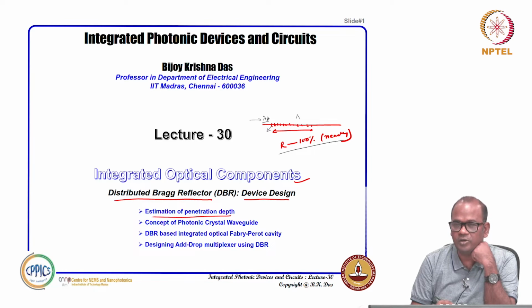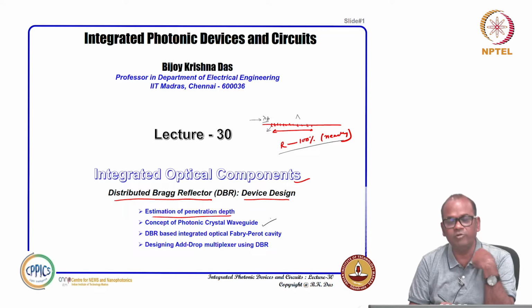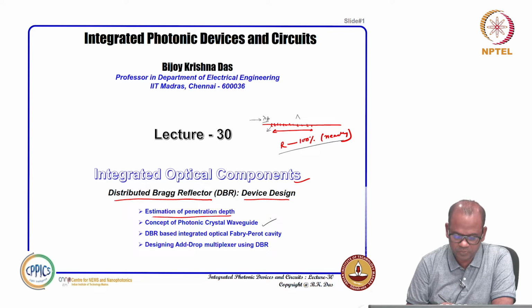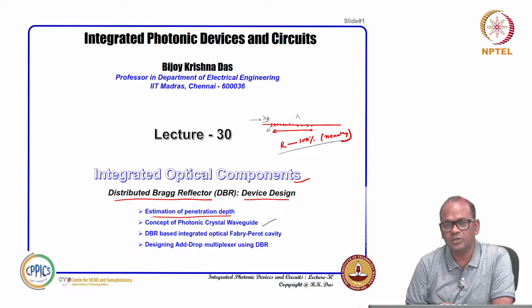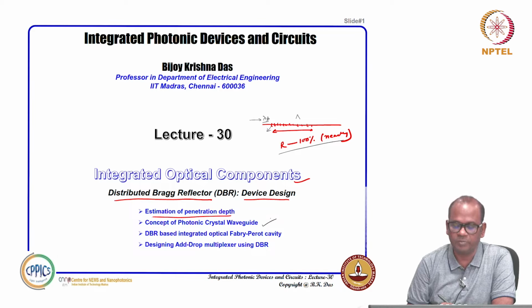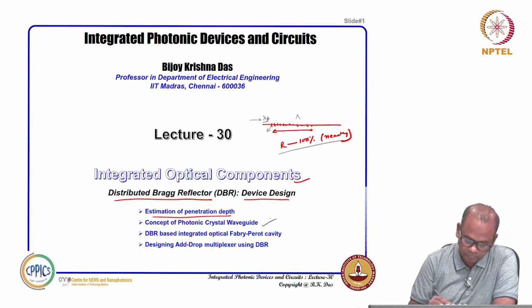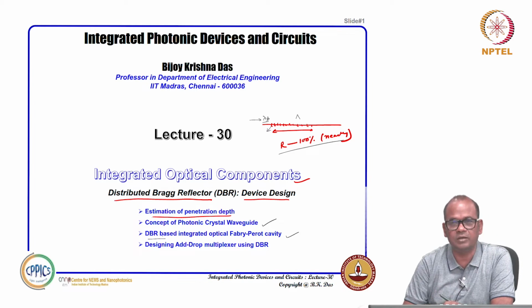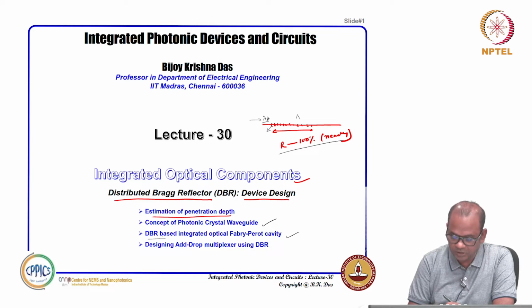Then based on this principle, penetration length and the stop band concept of a periodic structure, I will give an overview of how a photonic crystal waveguide works. Specifically the concept of the photonic crystal waveguide, which is also an important component for photonic integrated circuits. I will show some examples of how photonic crystal waveguides can be useful for certain active and passive device designs. And then the third topic is how one can use this DBR, distributed Bragg reflector, to design an integrated optical Fabry-Perot cavity.